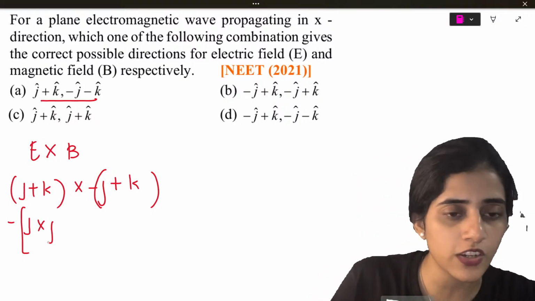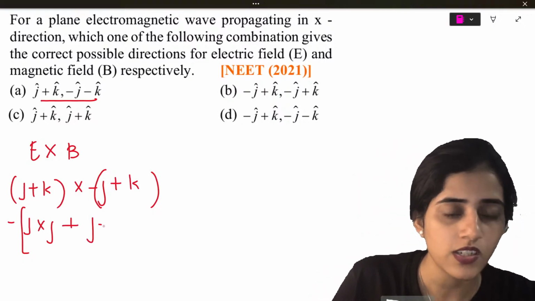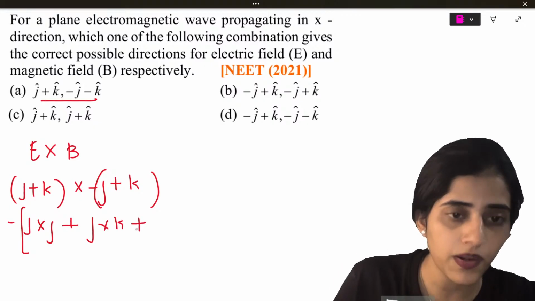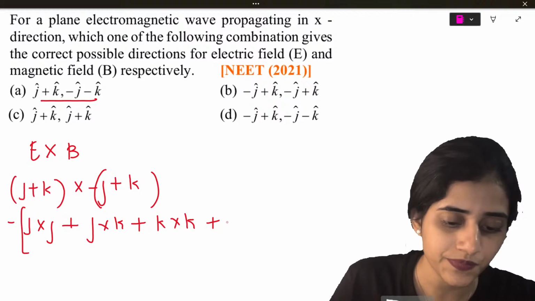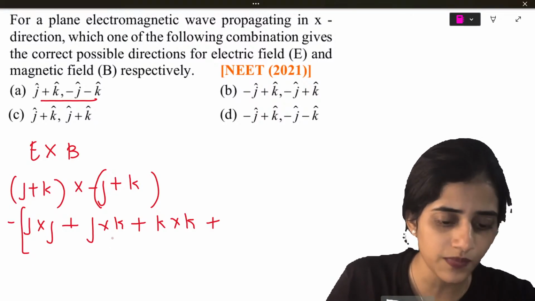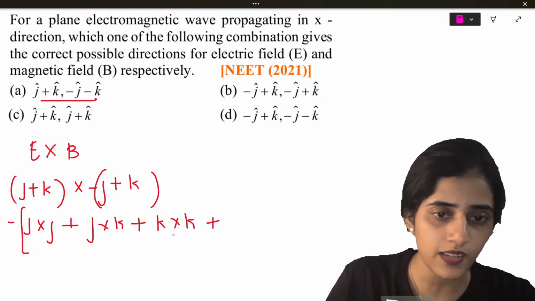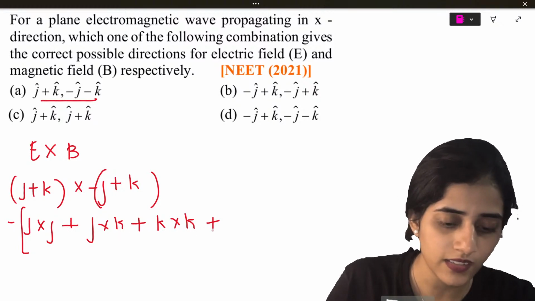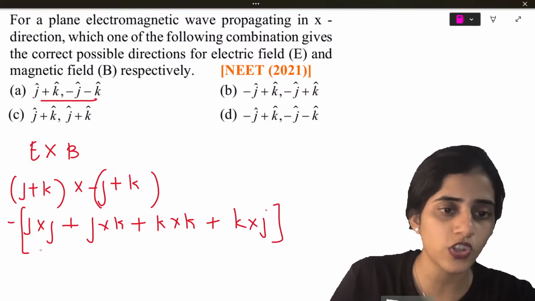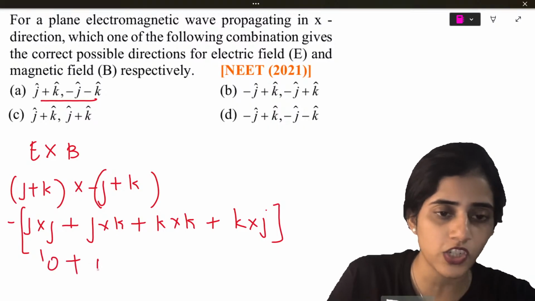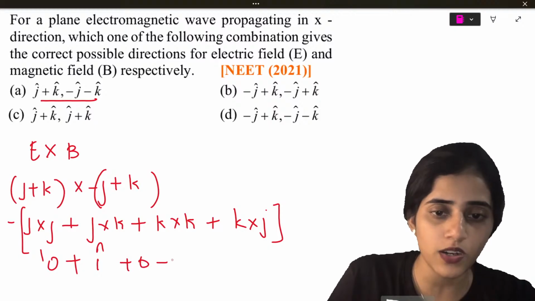So it would be J cross J plus J cross K plus K cross J plus K cross K. So this is going to be 0 plus J cross K is I cap, minus I cap, plus 0.